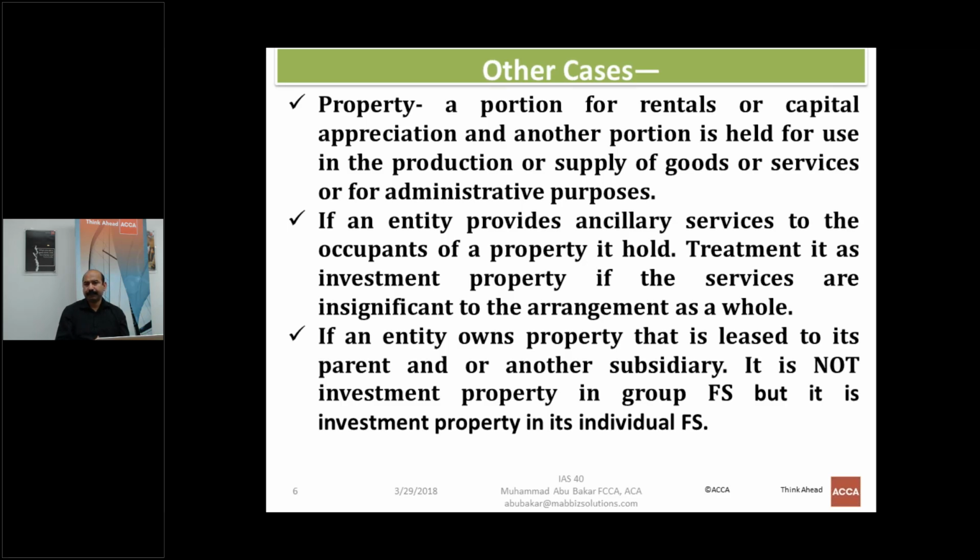Other than this, like we have just discussed, a building where the owner is providing ancillary services. There we concluded that if ancillary services are insignificant, then that property will be treated as investment property. In other cases, the services provided are significant.